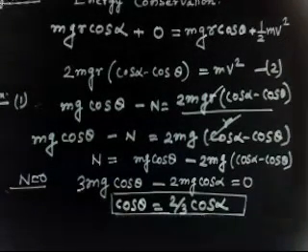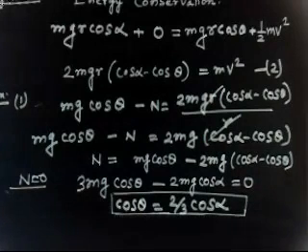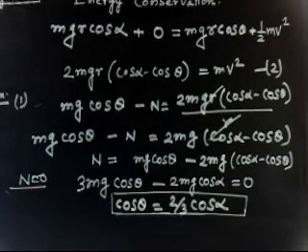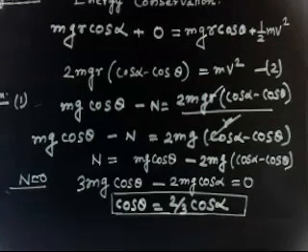Are you getting or not? So we have only one important point in this question. One point is that I can write the radial direction equation, and another is to write the tangential equation. Writing the equation in the tangential direction is the same as doing energy conservation, and it is always advisable to do energy conservation without writing the equation of motion in the tangential direction, because once you write the equation of motion and integrate, you get the same equation.